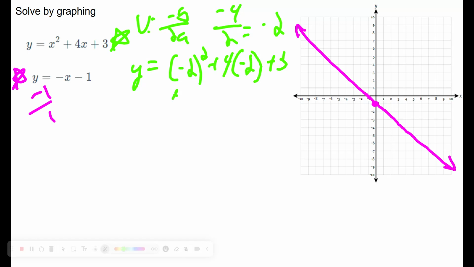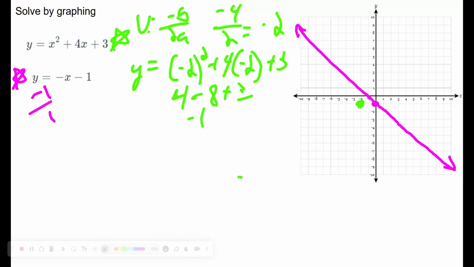That's going to be 4 minus 8 plus 3. -4 plus 3 is -1. I think that my vertex is at -2, -1. Should be right about there. Okay, that's going to be my vertex. I know it's going to be a positive parabola, so it's going to go up from there.